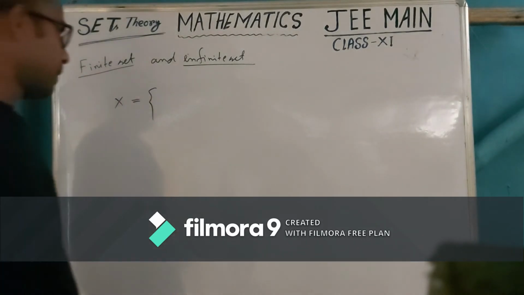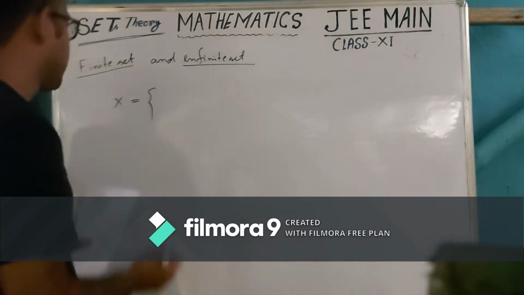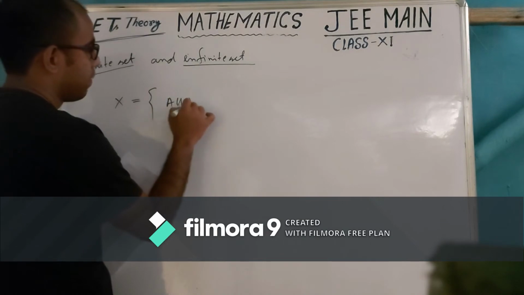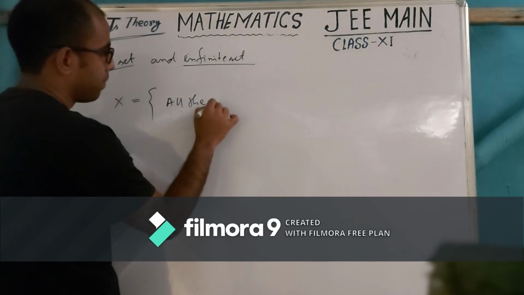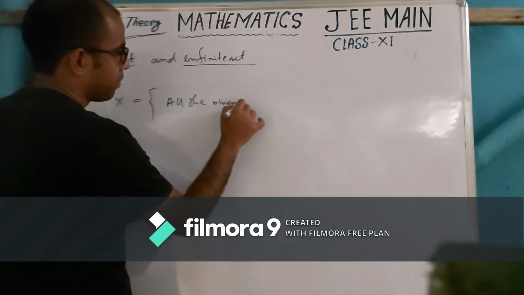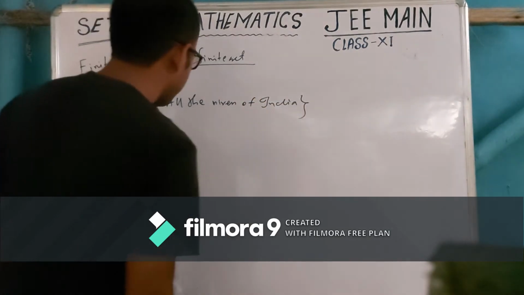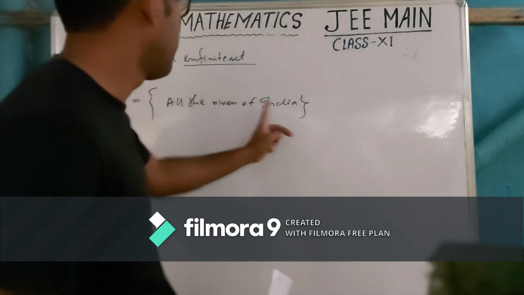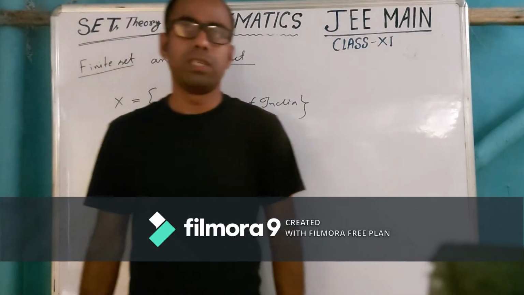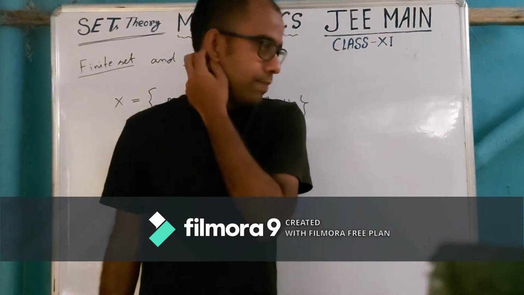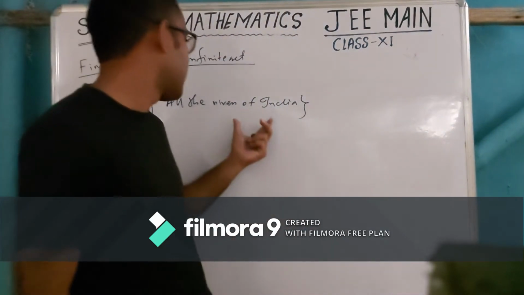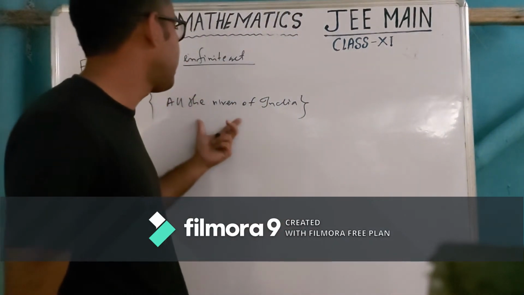Consider all the rivers of India. That means rivers are countable in India. So we say that this set is a finite set.